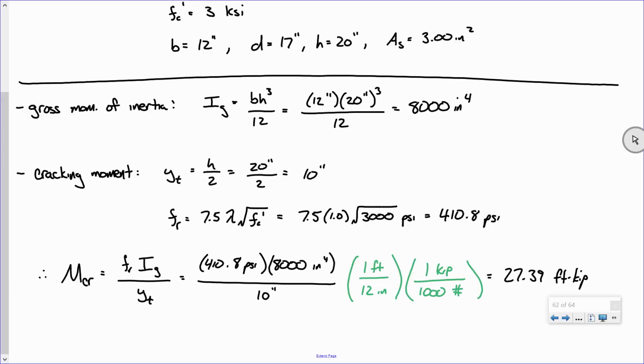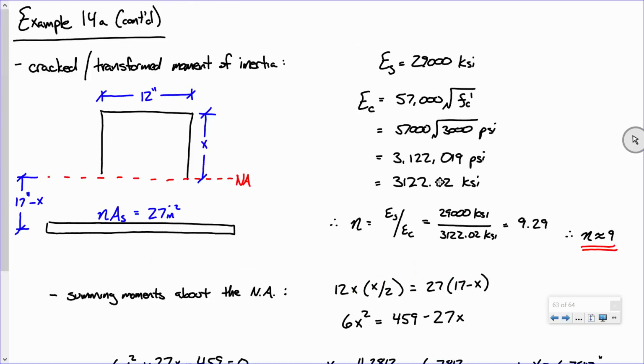And then we spent last time, I think the rest of the time, looking at the transformed section, the cracked moment of inertia. So remember, this is probably bringing it back. This was like example 2 or 3 or something that we did in this class. Remember, you assume that all of the concrete in tension is ineffective.